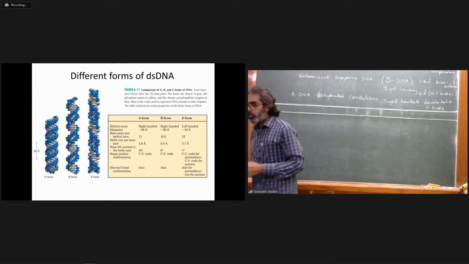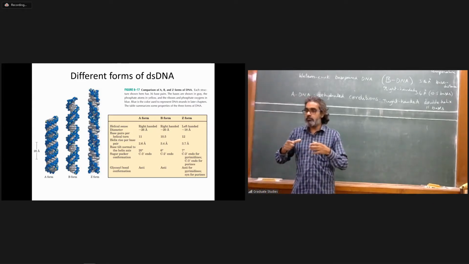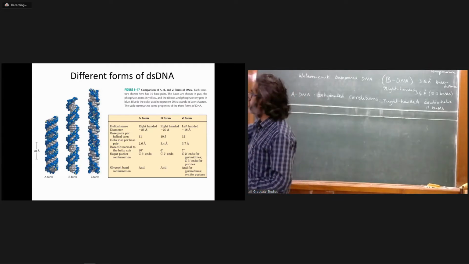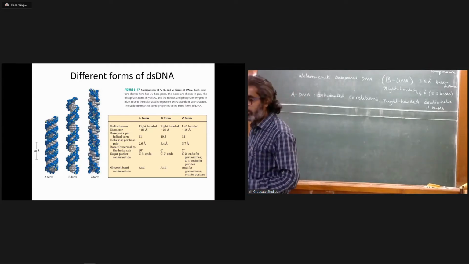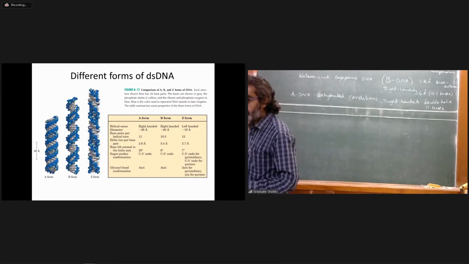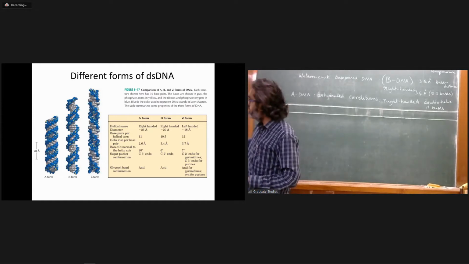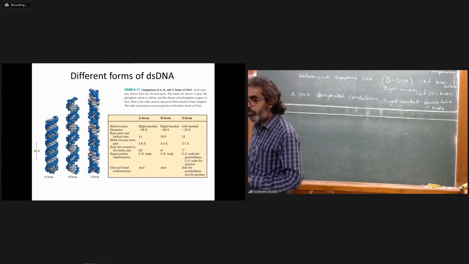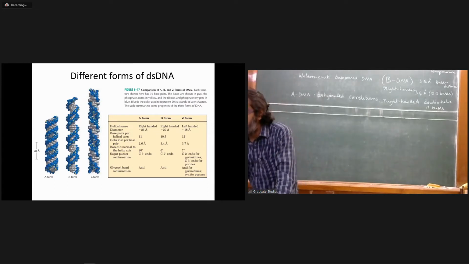A form, because its diameter is larger, is compressed, so the same number of base pairs gives a shorter length along the axis. The diameter is large, 26 angstroms, compared to the B form, which is 20 angstroms. The number of base pairs that complete one turn is 11.